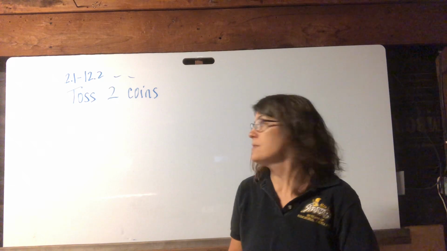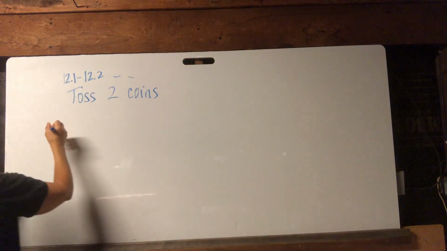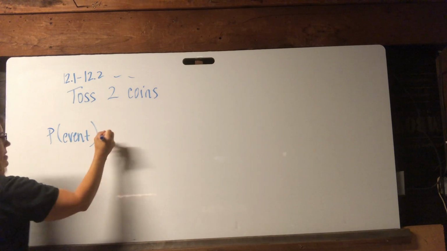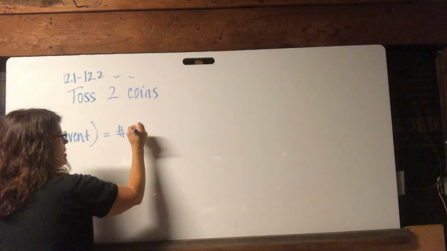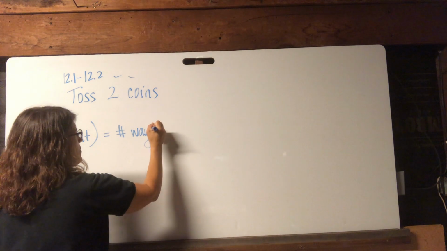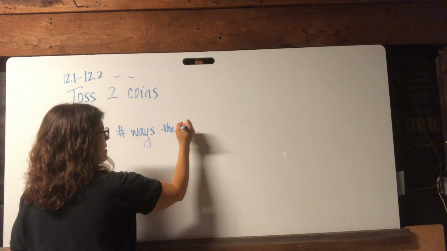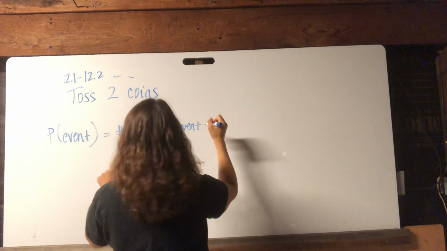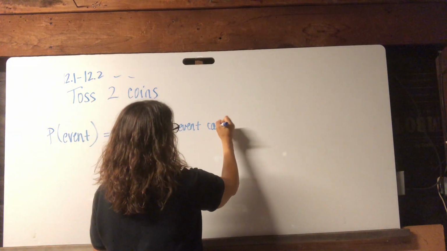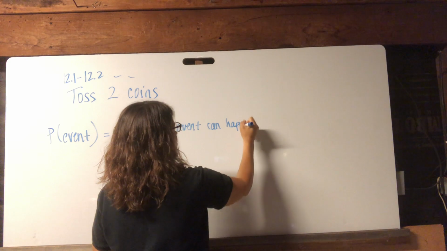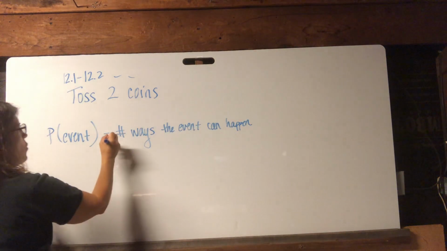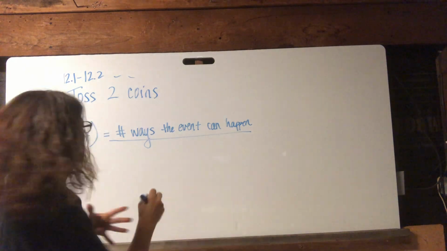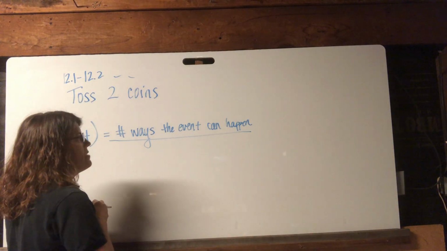So, probability of some event is the number of ways the event can happen over the total number of ways for the event to happen.